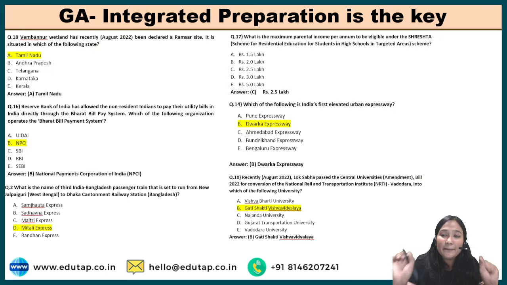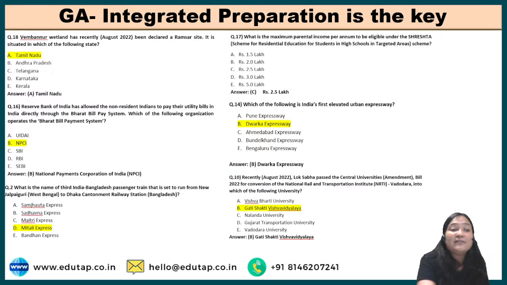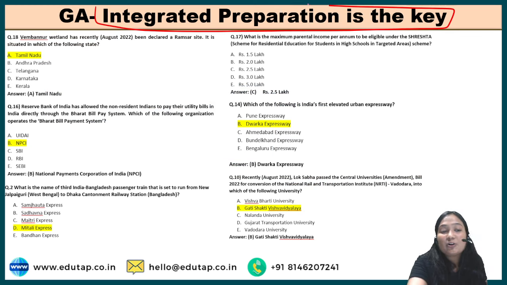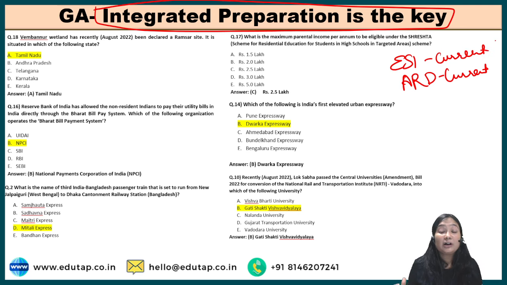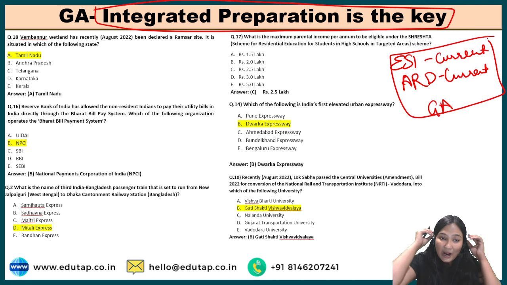For GA, the basic learning you need to have is to do integrated preparation of GA. Integrated with what? ESI current and ARD current. All the current affairs, all the developments, need to be covered with the GA section. These three. Why? Simple reason.